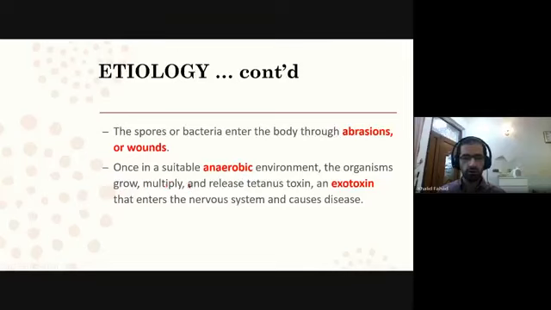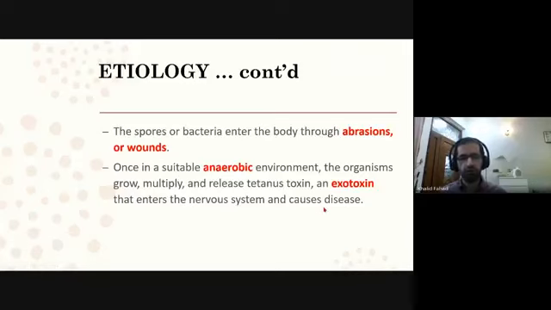and multiply. Until this stage, the patient will be asymptomatic, but once the toxin is released, which is an exotoxin, released from the bacteria rather than the bacteria itself. From bacteria, you know there are exotoxins and endotoxins. The exotoxin is released from the bacteria, enters the nervous system and causes the disease.